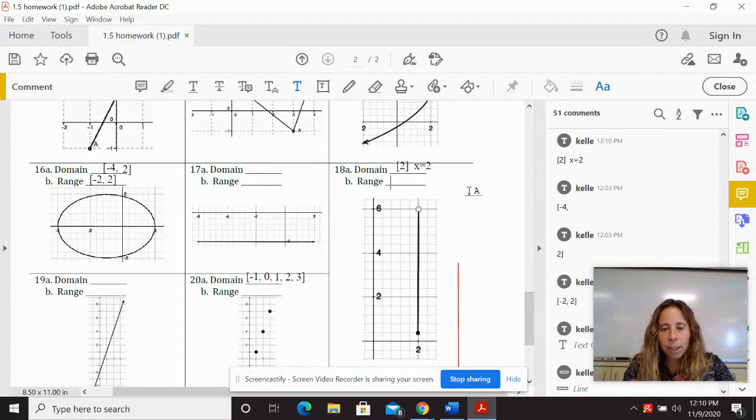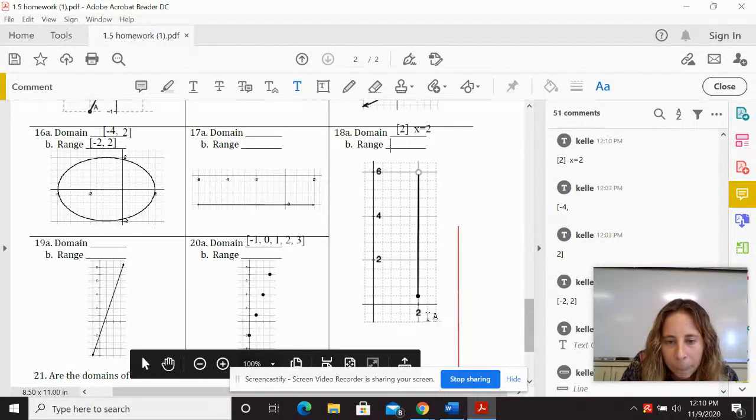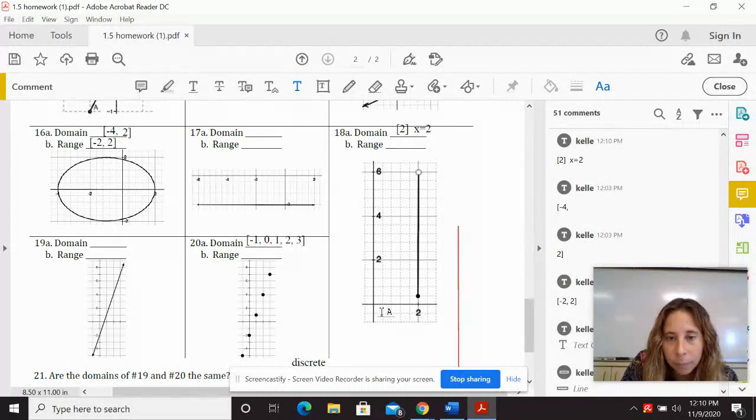So then your range is low to high, right? So my lowest point is, geez, they split it up into fractions. It's just unnecessary. Okay, let's see. 1, 2, 3, 4, 5. Okay.